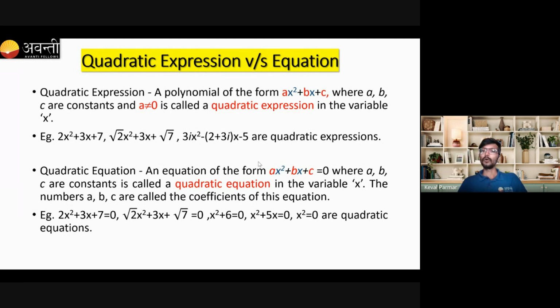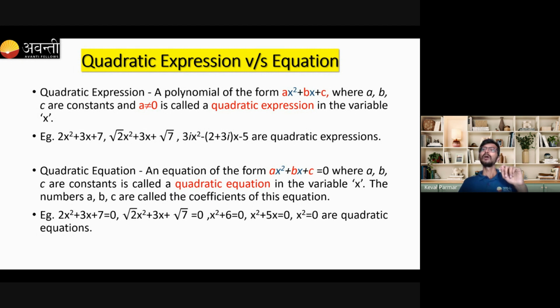Correct? Now, a quadratic equation means when this expression, ax square plus bx plus c, is equated to 0. That means we get ax square plus bx plus c equals 0. Then this is called a quadratic equation.